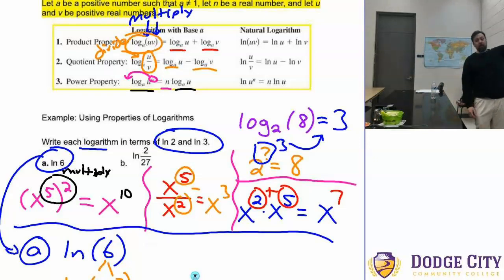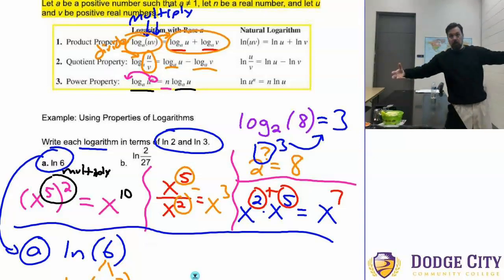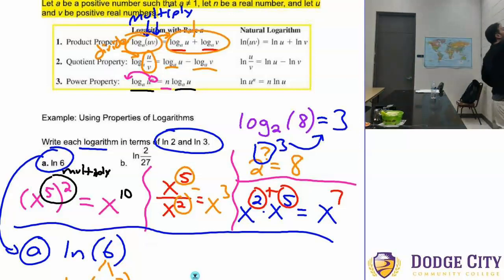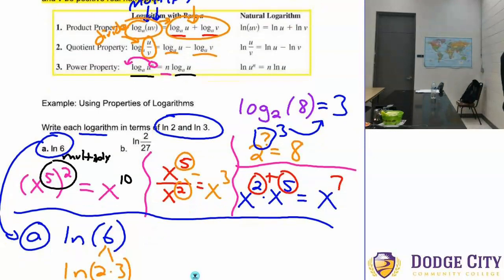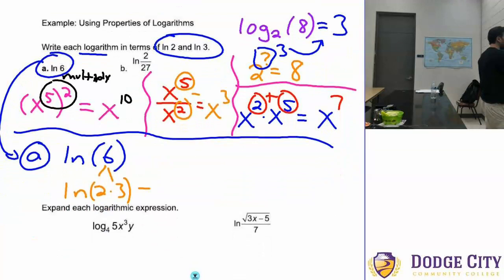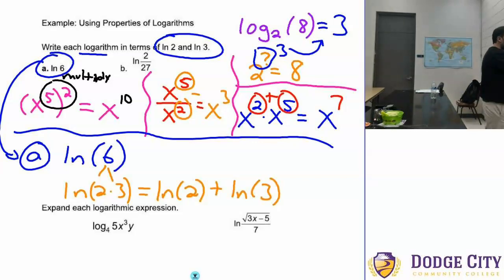We have two things being multiplied together. This property tells me I can split that one logarithm up into 2 separate logarithms, so the 2 and the 3 will get to go inside of their own logarithms, but we will add those logarithms together because that's what you do with exponents when you're multiplying. You add the exponents together, so the logarithms will get added together. So what we're going to end up with here is natural log of 2 and natural log of 3, right? These will each go inside of their own logarithms, and we will add those logarithms together.